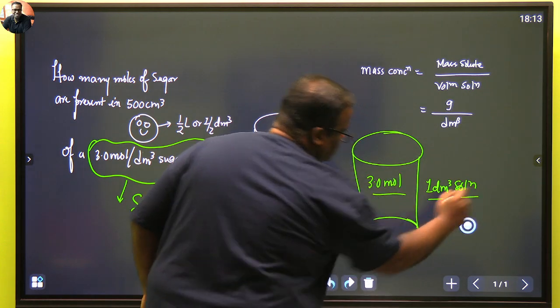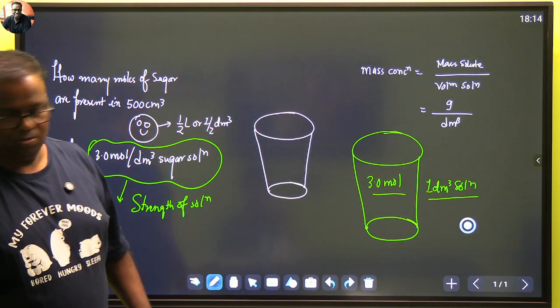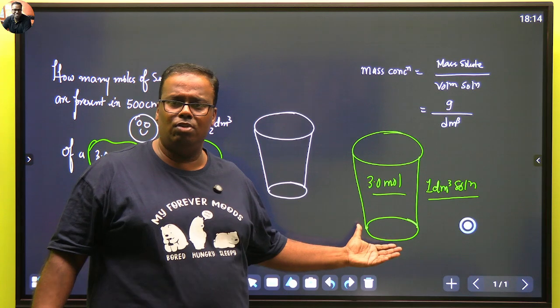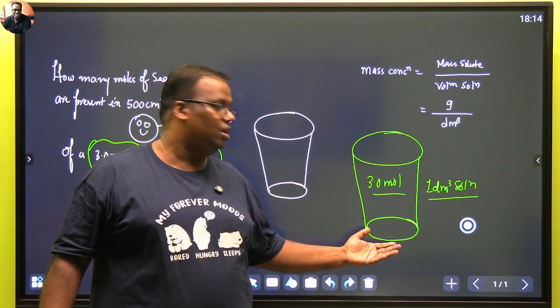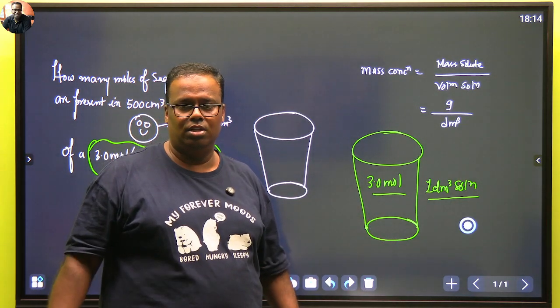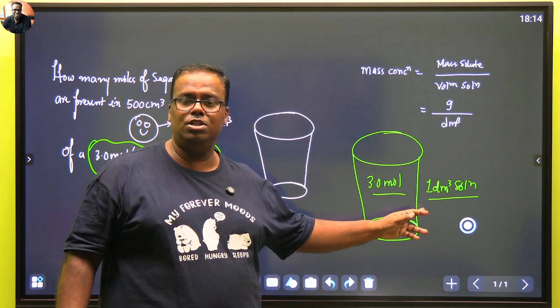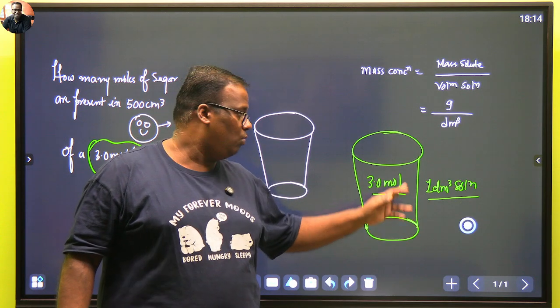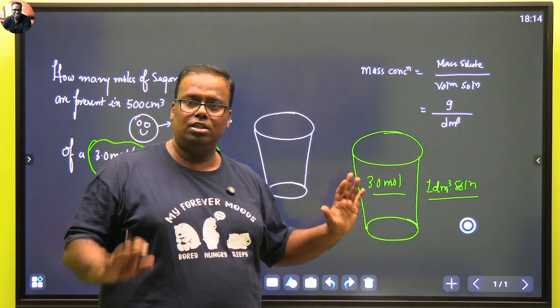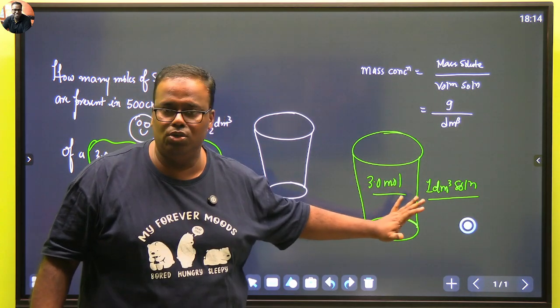Have you understood this thing or not? We are having a big party where we are going to give sugar syrup to everyone. So we have made a mother solution in a big tumbler, which can take 1 dm cube. In 1 dm cube, how much sugar is there? 3. This is the master solution.